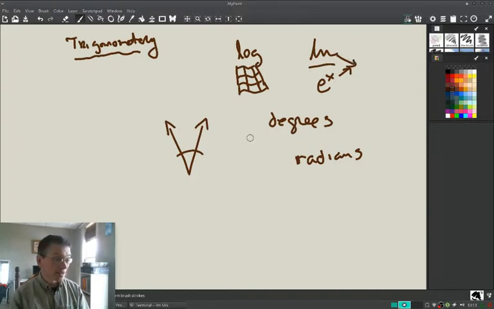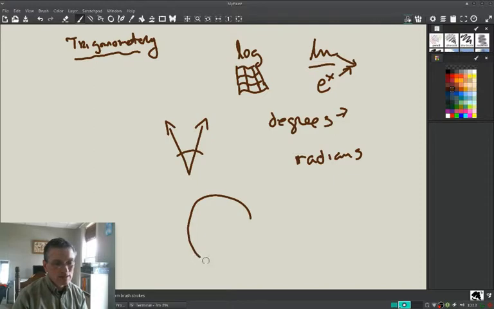Similar, much the same way with the degrees and radians. Degrees are something you're very used to. So you could measure this angle in degrees, and you know that a circle is 360 degrees. Degrees are very intuitive.